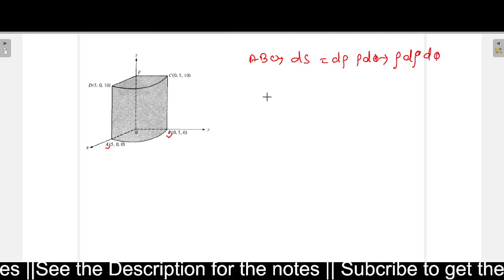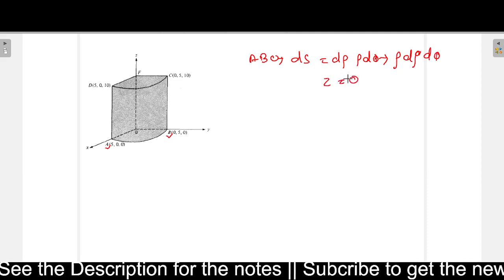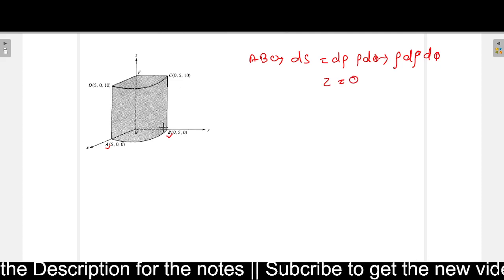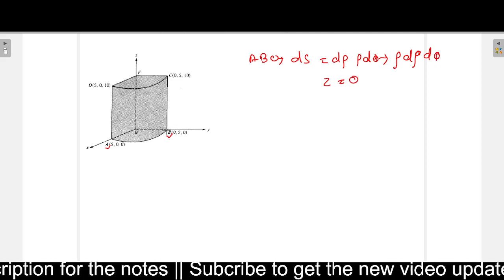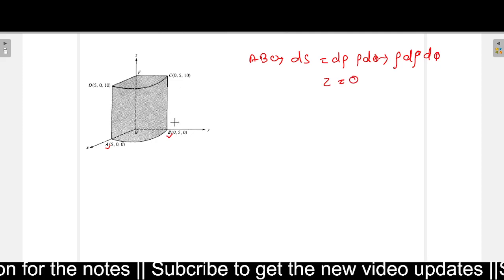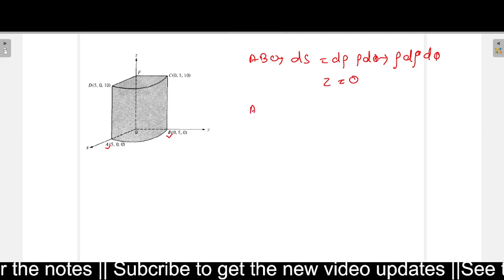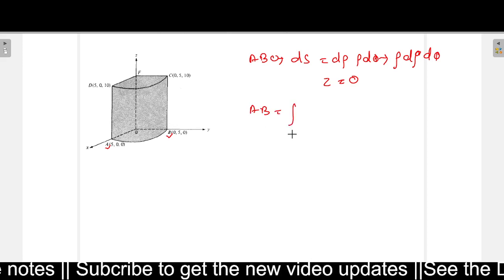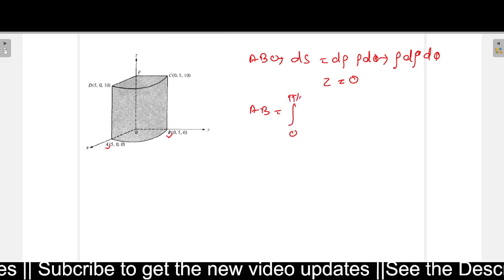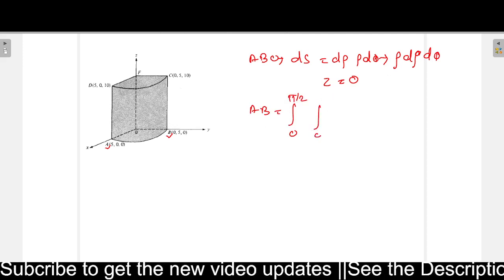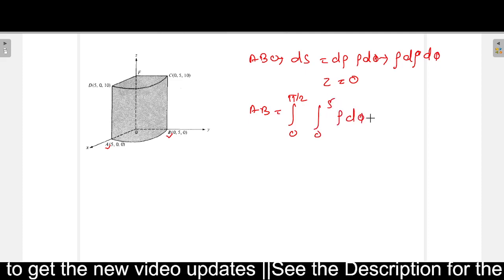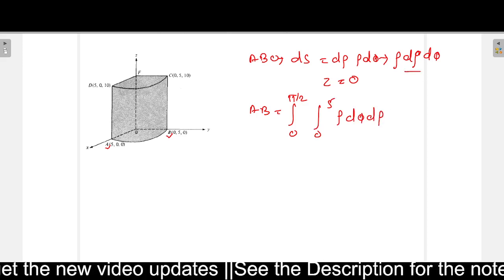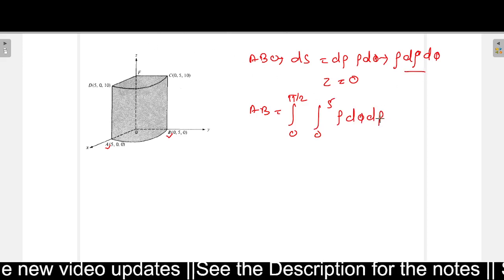And at this point what is constant? The z value is constant, z is not changing here. So the z value is 0 here, since it is on the ground, the bottom one. Now the area of ABO equals the double integration, first from 0 to pi by 2 for phi and 0 to 5 for rho, the radius, of rho d phi d rho.